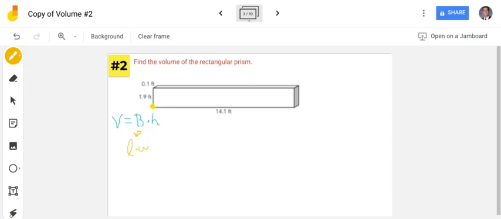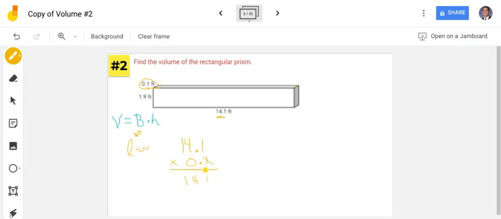Okay, so area of base, the length is 14.1, and the width is 0.1, so 14.1 times 0.1, I'm going to show my work here. 1 times 1 is 1. 1 times 4 is 4. 1 times 1 is 1.